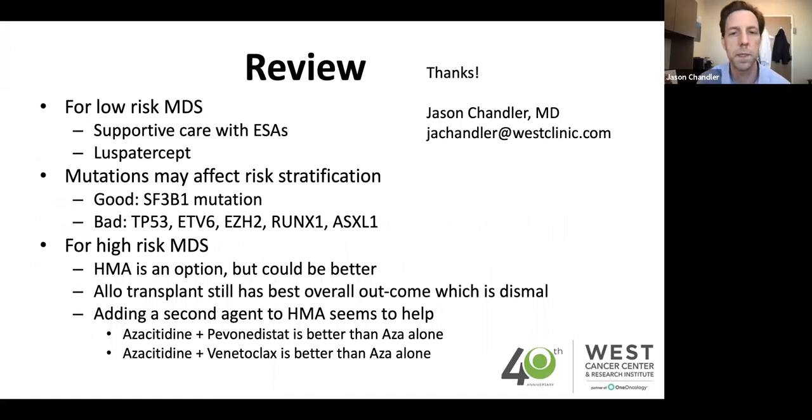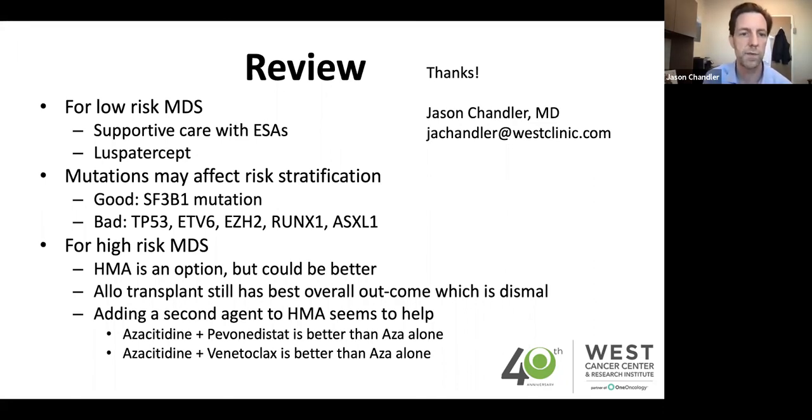So to review, we talked about low risk MDS patients and how they're completely different than high risk. Luspatercept is a great way to treat them. It releases the block on red blood cells so they can mature. There are different mutational panels that are not currently in the revised IPSS guidelines.